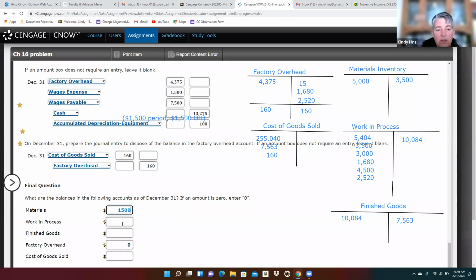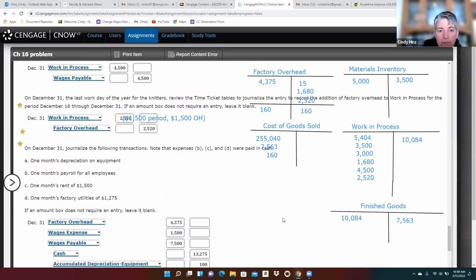The balance in materials would be 1,500. For work in process, we need to add up all of those debits, and then subtract the one credit for that job that we sold. And I got $10,520.